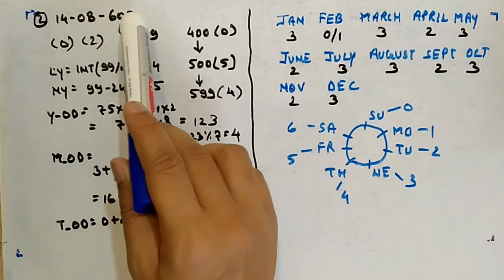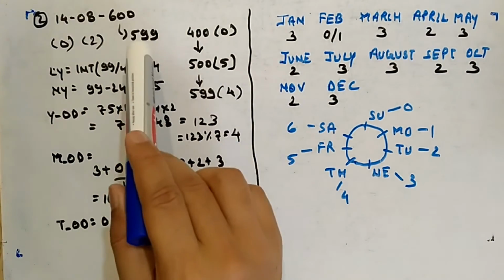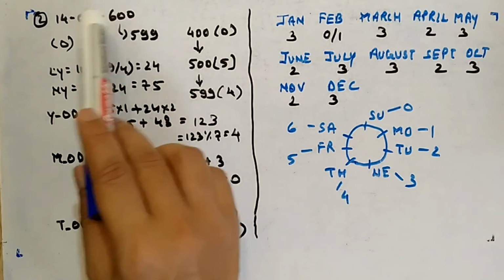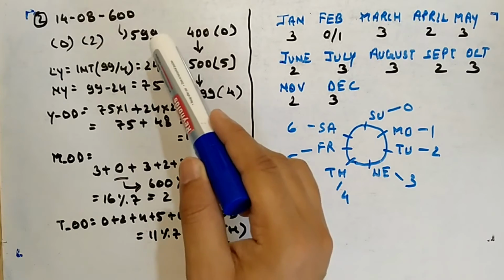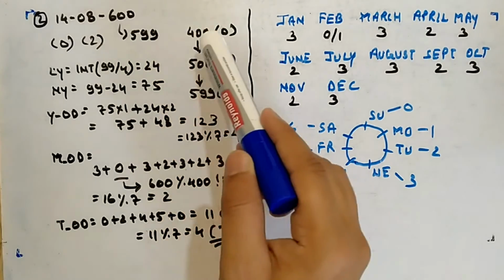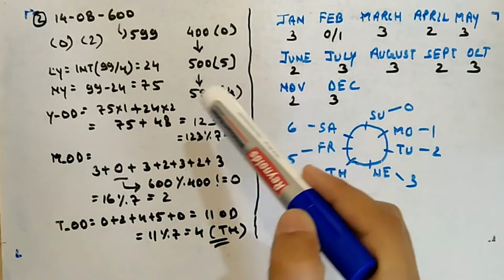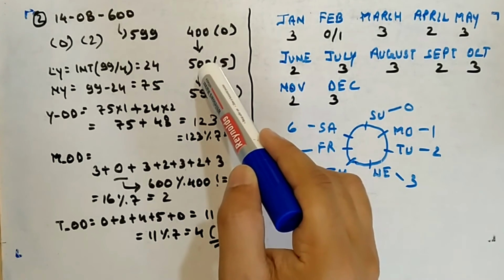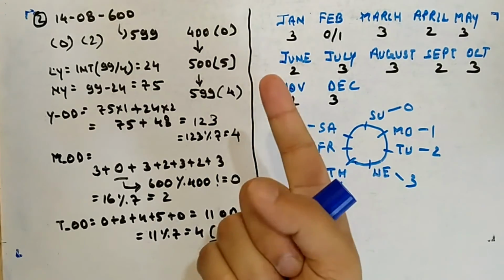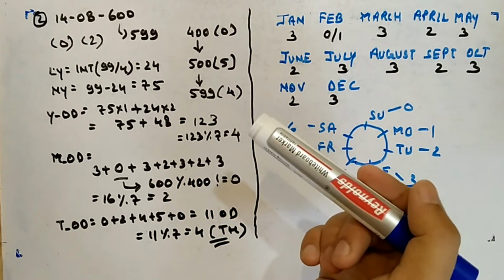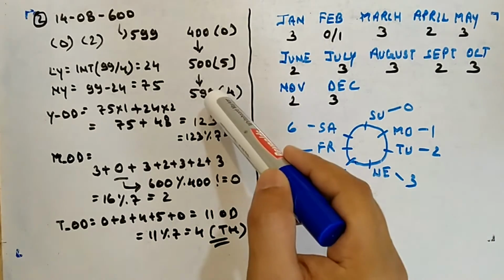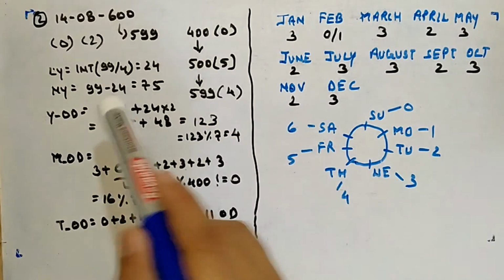Now 600 is given as the year, so we will calculate for 599 because 600 is not complete. So the closest century year which will give 0 odd days will be 400, 0 odd days. From 400 to 500, 100 years you have traveled, so 5 odd days will be collected from here, and from 500 to 599 it will be 4. How?